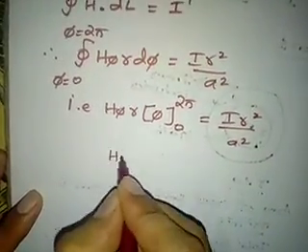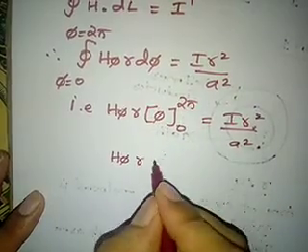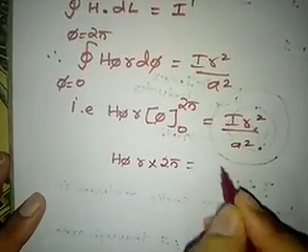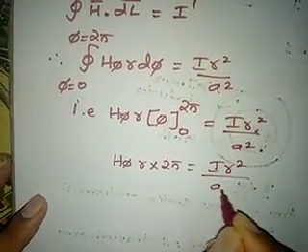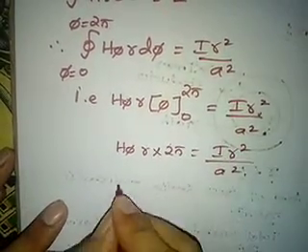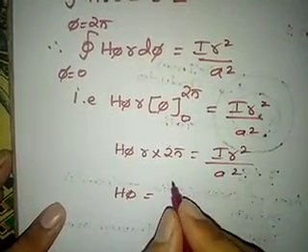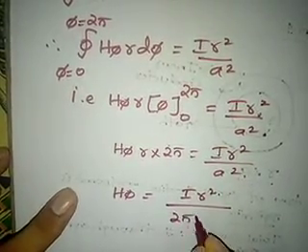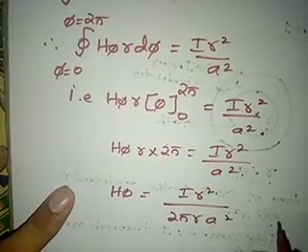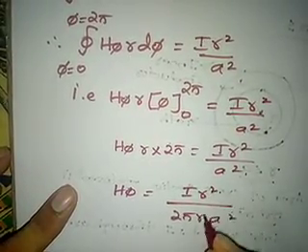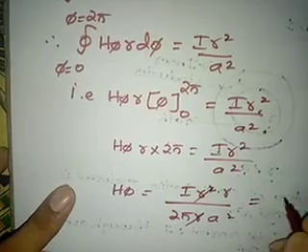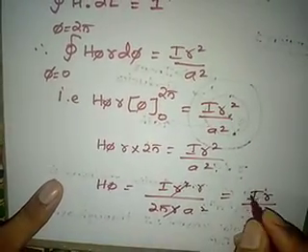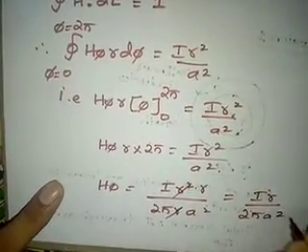That is h phi r times 2 pi minus 0, so it is 2 pi, equal to I r square by a square. Or h phi is given by I r square divided by 2 pi r a square. So one r and one r cancel, and we get I r divided by 2 pi a square.